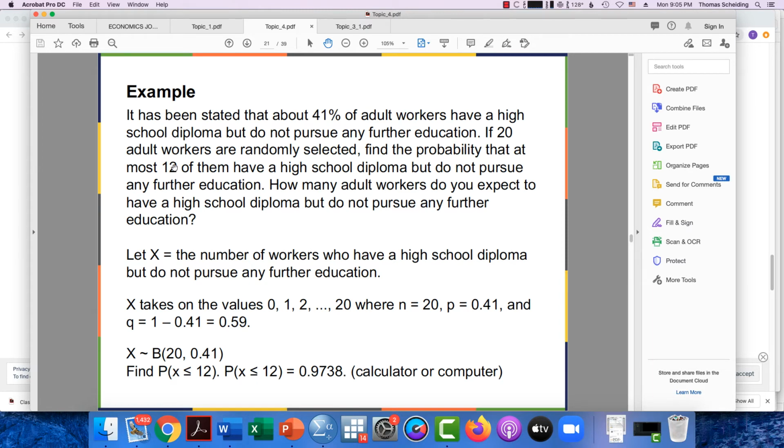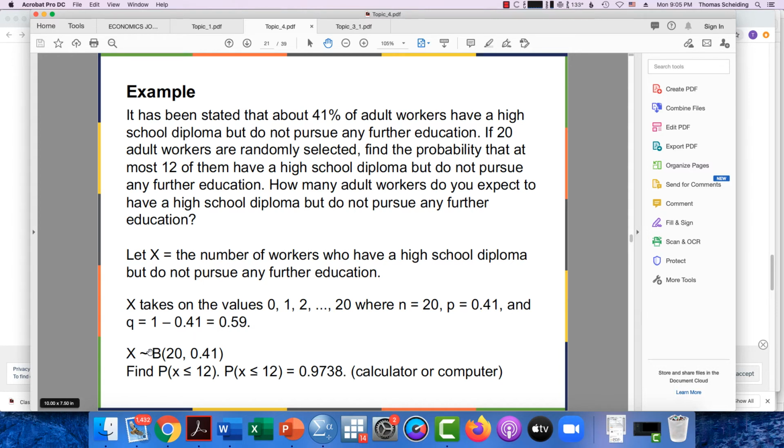So how far outside of the range does 60% lie outside of 41%? X being now the number of workers who have a high school diploma but do not go any further. That's our level of success. This is being repeated 20 times in this experiment. Probability of success being 0.41, meaning that the probability of failure is 0.59.